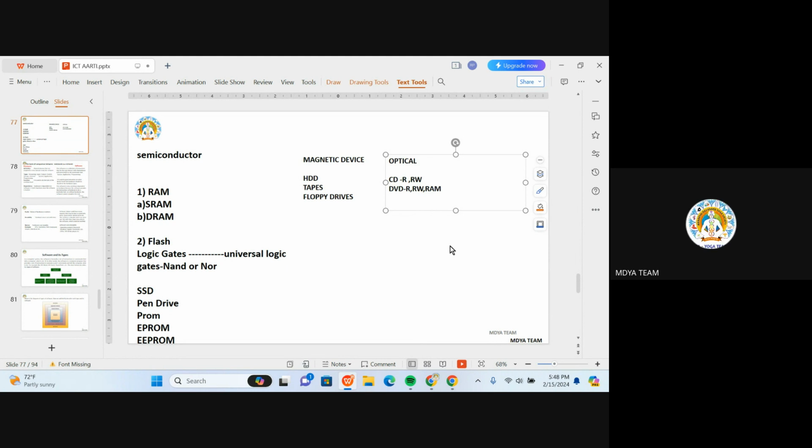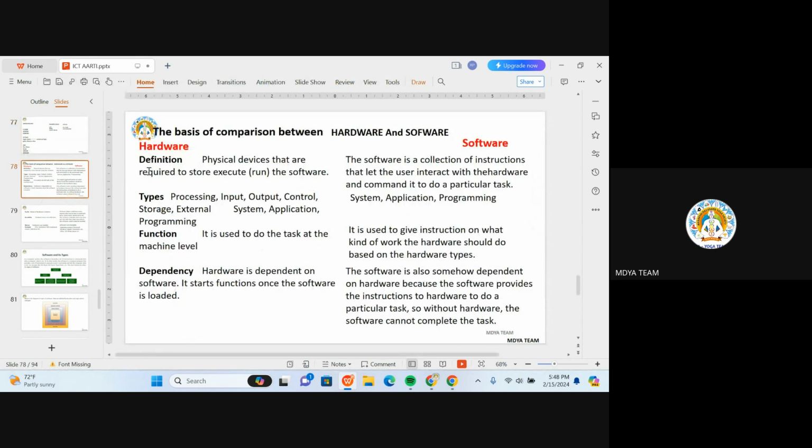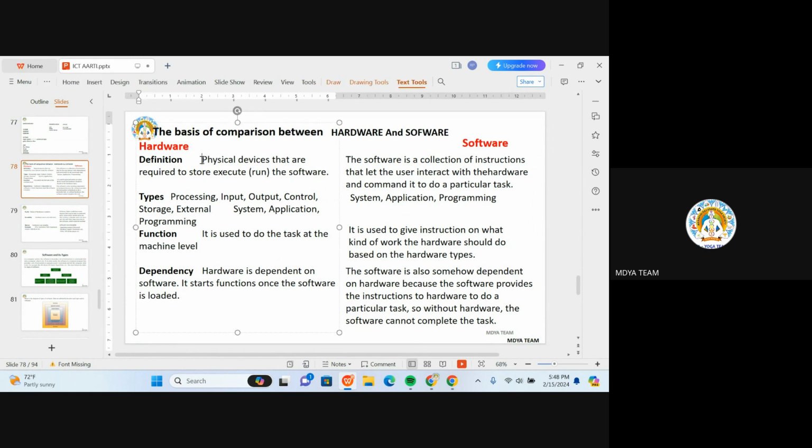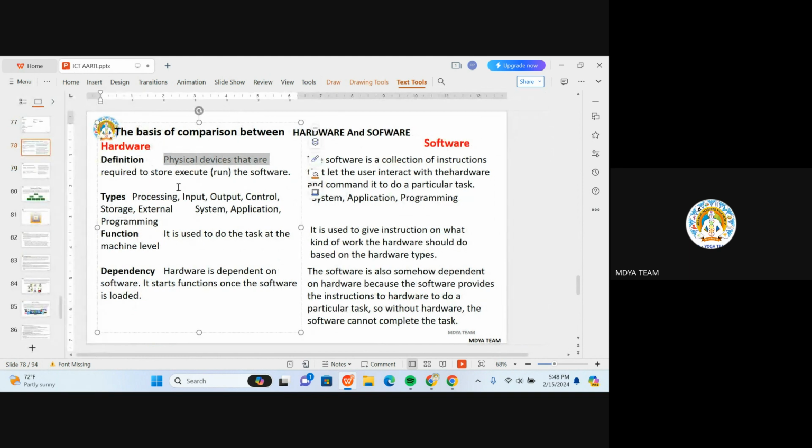Now next, we will come to a new point: the basis of comparison. First, we will understand the difference between hardware and software. We have discussed the hardware devices. Those devices are physical devices that are required to store and execute the software.